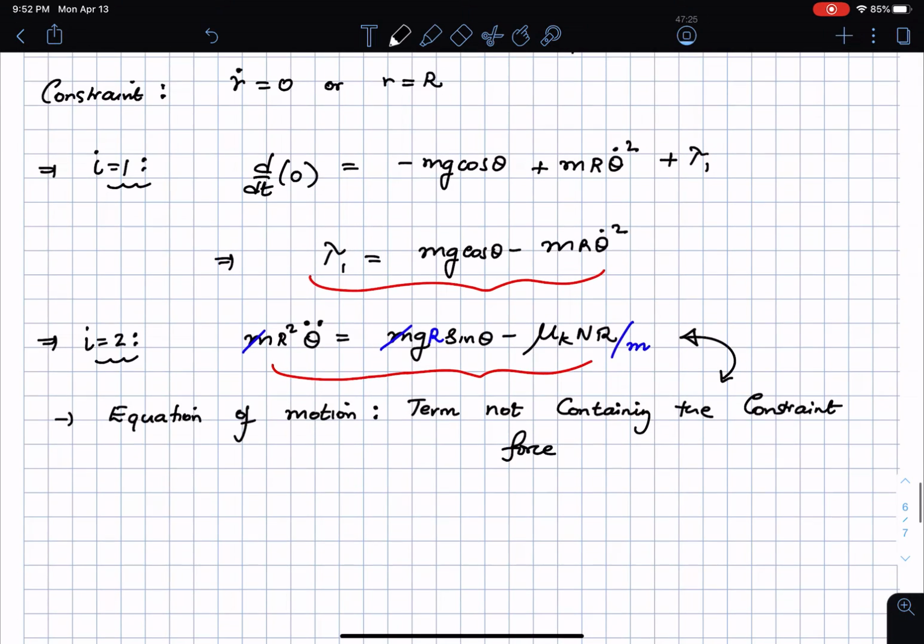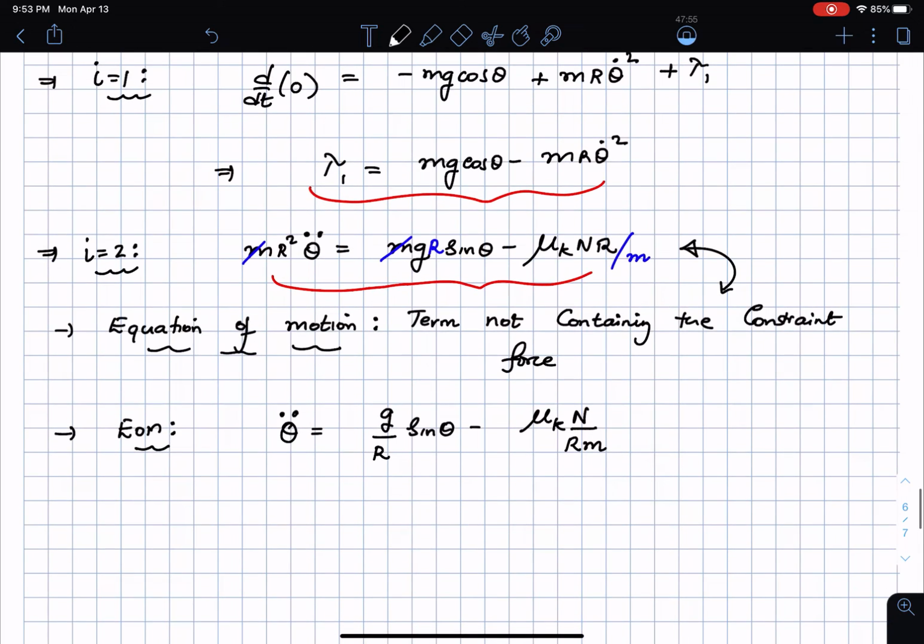So my equation of motion for this problem is the following: theta double dot is equal to g by R sine theta, minus mu k times N, and the factor of r cancels off, so I'm going to be left with times R by m. All right, and so this makes sense in this particular problem. This is the equation of motion, that's the key thing.